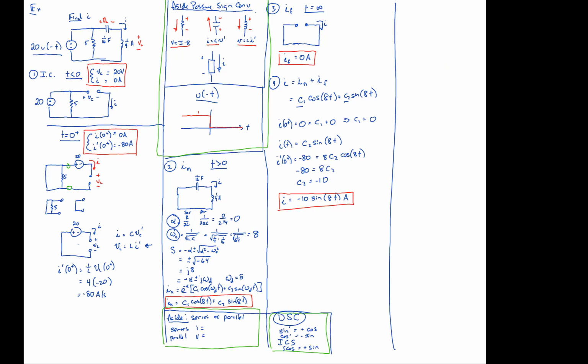Now that you found I, what could I do to make this more complicated? I could say find I of all time. That's pretty straightforward. This is for time greater than or equal to 0. What's it for time less than 0? Go back to your initial conditions. You can see I is 0 for time less than 0.